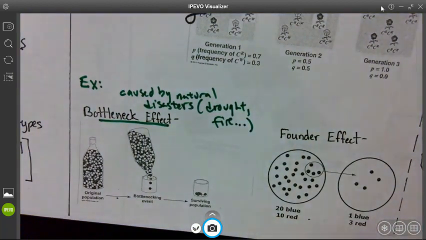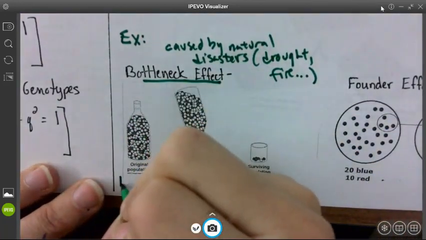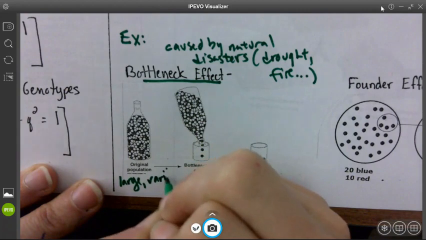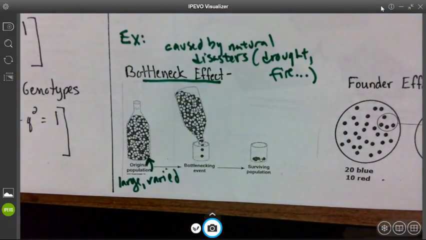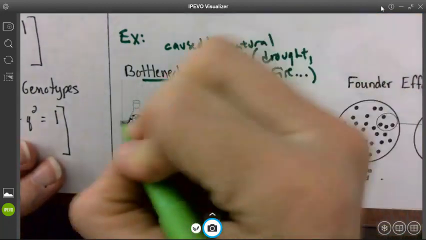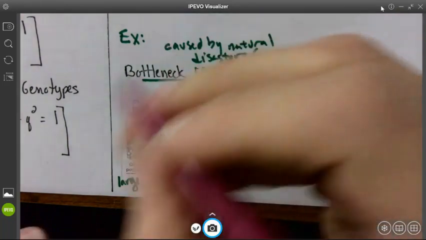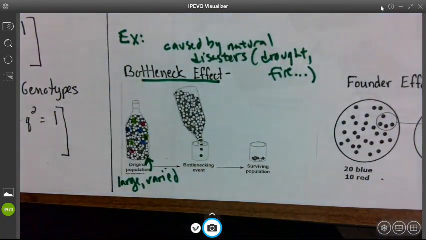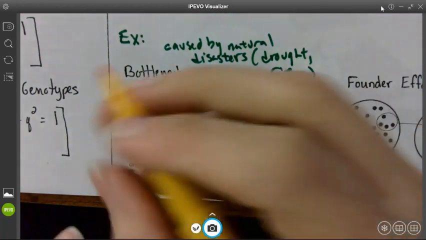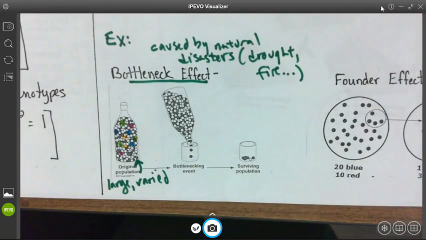So here's a general idea of how bottleneck effect works. You have an original population that is large and varied. So the beads inside this bottle are supposed to represent the original population. Maybe you have a bunch of blue beads, and you have some green beads, and you have some magenta beads, and you have some yellow beads. You can see the different colors. There you go. Okay. And then there's some sort of bottlenecking event.